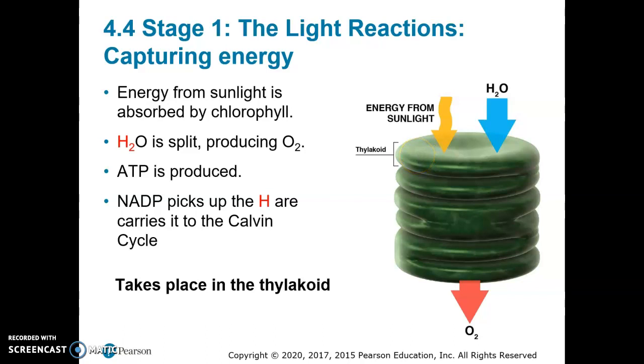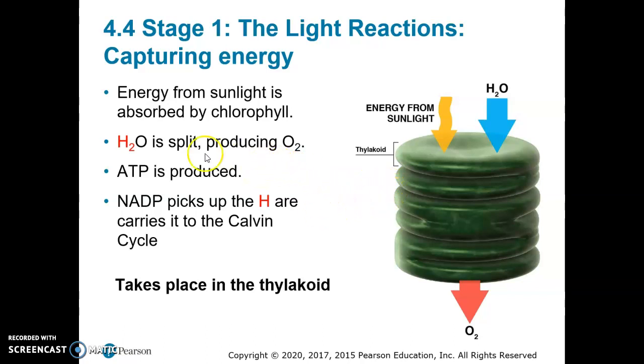The chlorophyll will be splitting the water molecules, and remember, it's taking the hydrogens off of the water, and in doing that, it produces oxygen. So the oxygen you and I breathe was produced in this first phase, the light reactions. In doing so, it produces ATP.